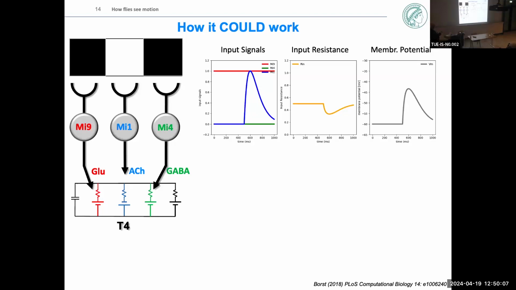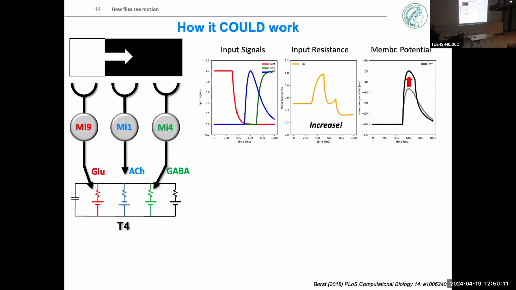Now what happens if I move an edge from left to right? This bright edge will inhibit Mi9, and this inhibition of Mi9 will lead to closure of the chloride channels, which will lead to an increase of the input resistance. Now activation of Mi1 leads to a larger depolarization because you have a larger input resistance.